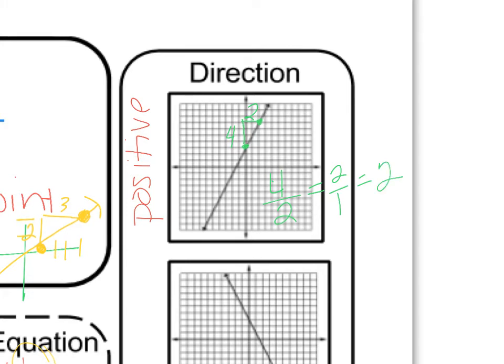If I wanted to write an equation for this line in slope-intercept form, it's mx plus b, right? And we know this m right here is our slope, and so I just found that out, so it's going to be 2x. And where does this hit the y-axis? It hits it at 3, so this would actually be the equation to this line, 2x plus 3.